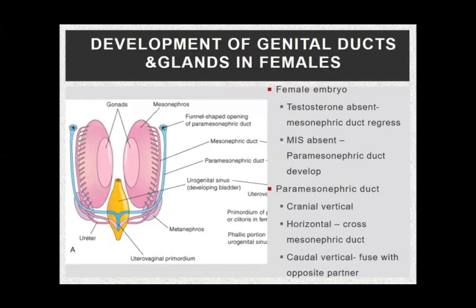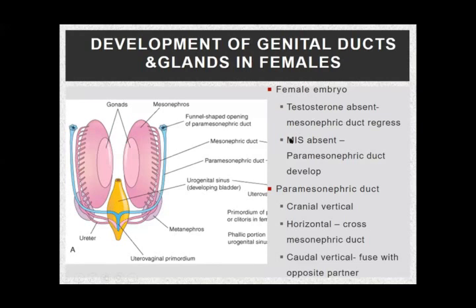So in the absence of testosterone, which acted on the mesonephric duct and stimulated its development, since there is no testosterone, the mesonephric duct regresses or degenerates.